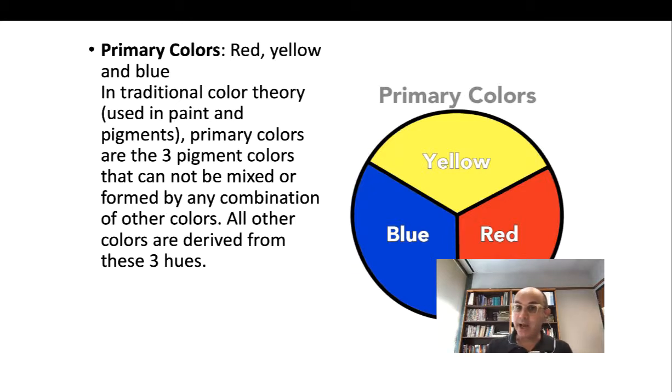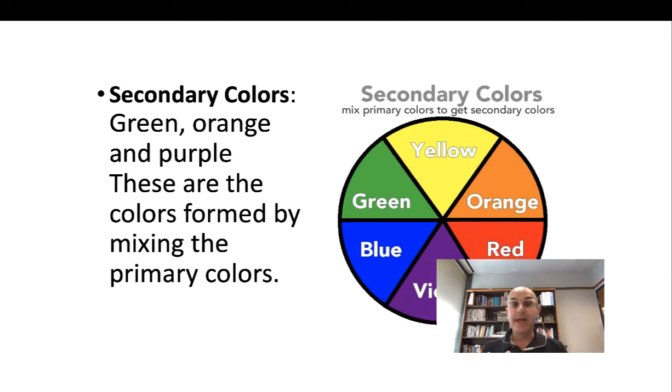and secondary colors. Primary colors are usually red, yellow, and blue. This is the traditional color theory, and when we mix them up, we are able to create additional colors. Secondary colors are considered to be green, orange, and purple, and those can be mixed with primary colors.